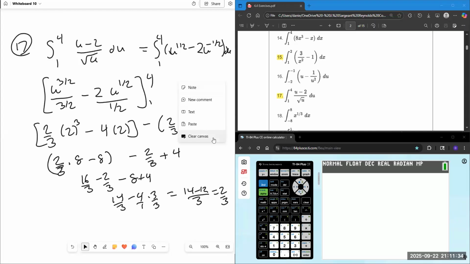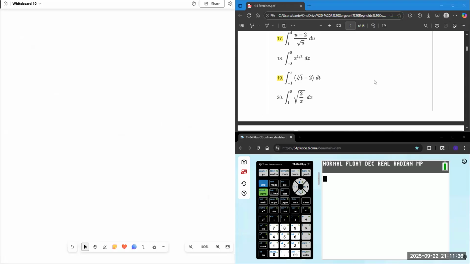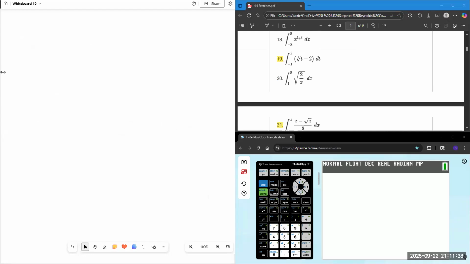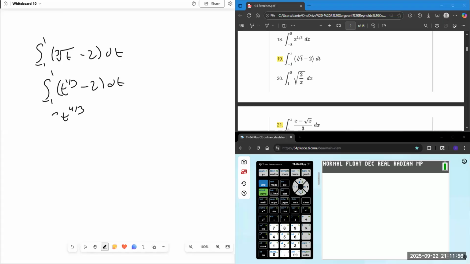19. The integral from -1 to 1 of cube root of t minus 2 dt is the integral from -1 to 1 of t to the 1/3 power minus 2 dt, which is t to the 4/3 times 3/4 minus 2t, and that goes from -1 to 1.